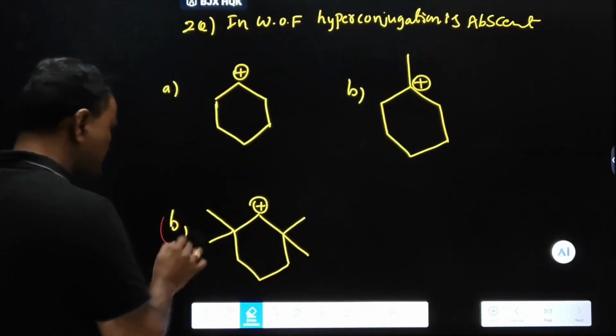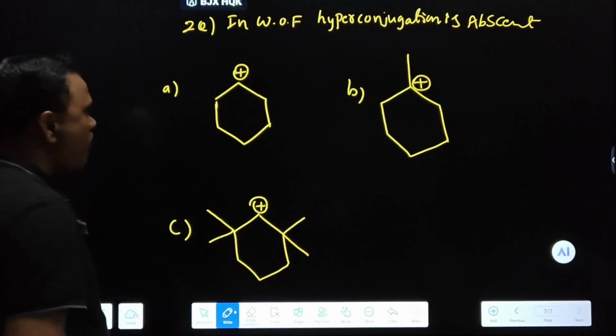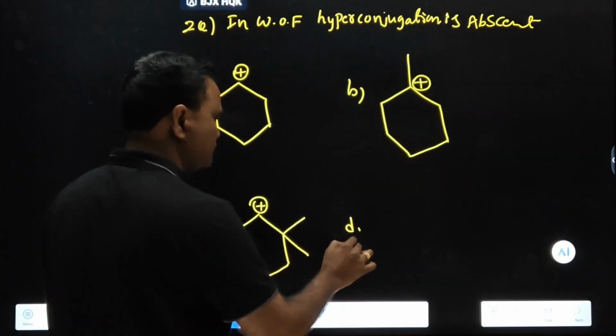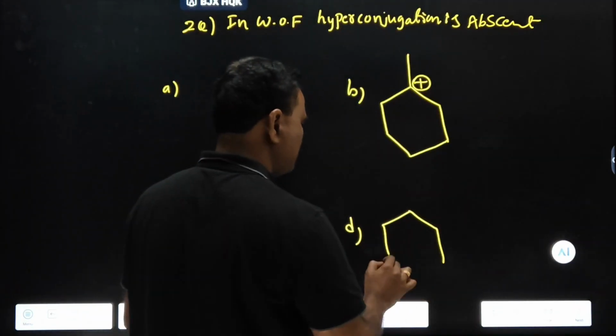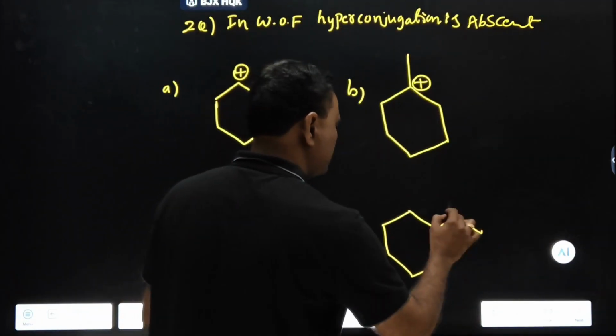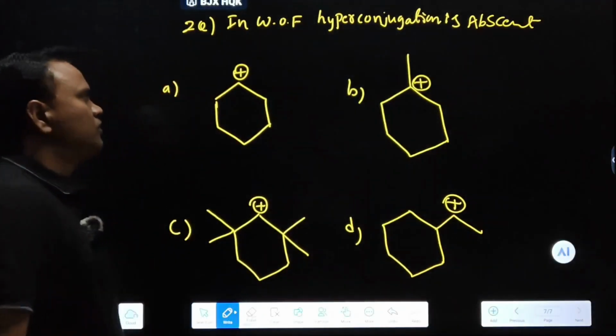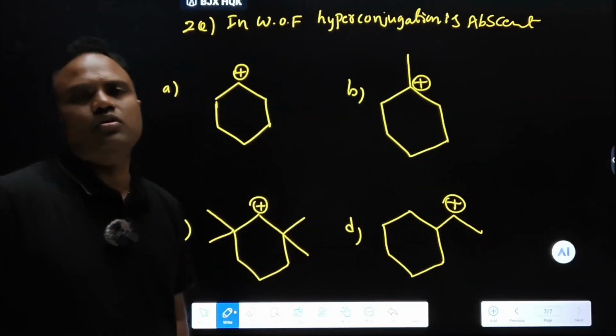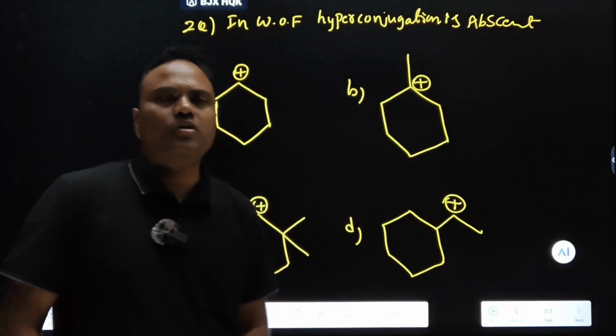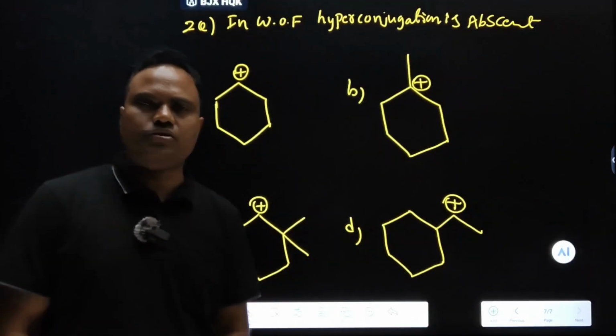A, B, C, right. In which is hyperconjugation absent? What is the condition for hyperconjugation? Presence of alpha hydrogen, right?